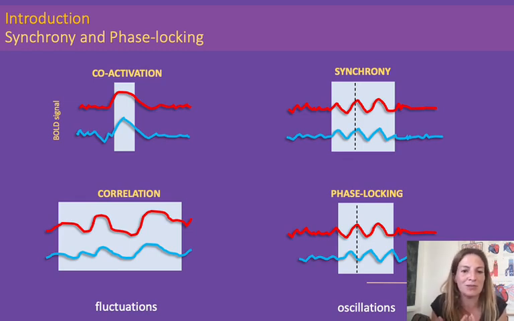When we talk about activation, is this co-activation, which means different areas that simultaneously increase their signal at the same time, but for a brief period of time without any specific periodicity? In this case, we just apply a threshold and can detect co-activation patterns.